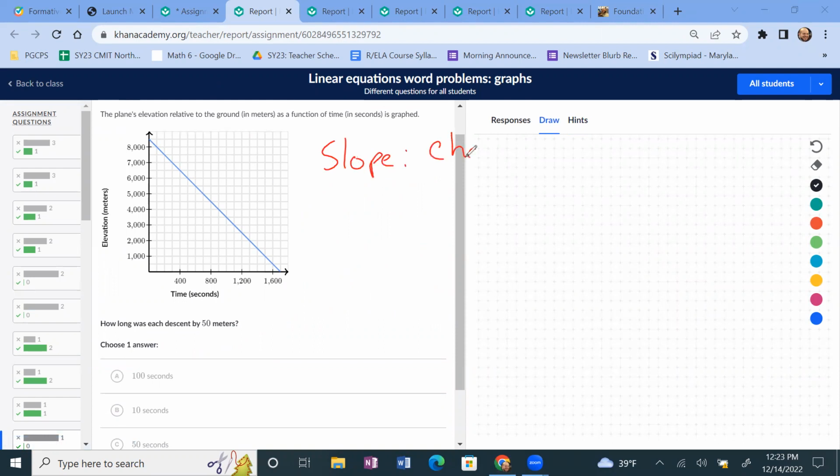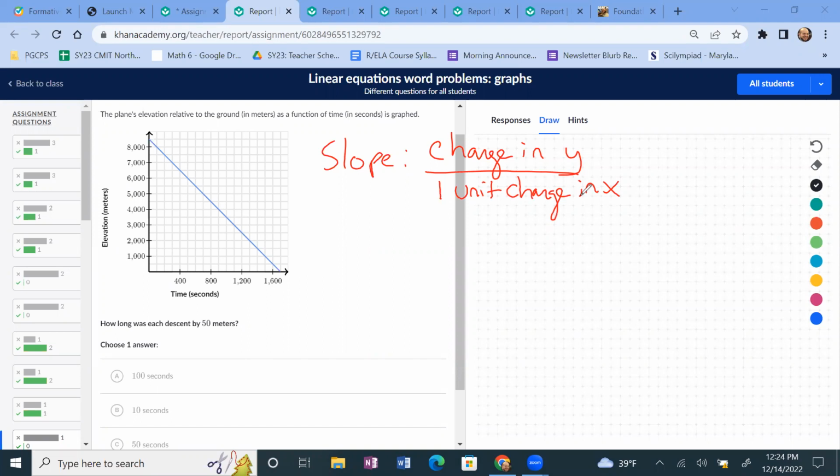It's the change in y for 1 unit change in x.